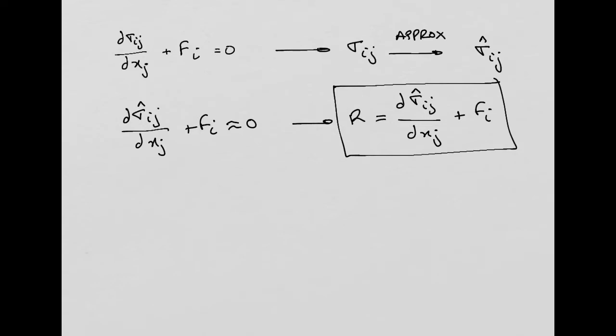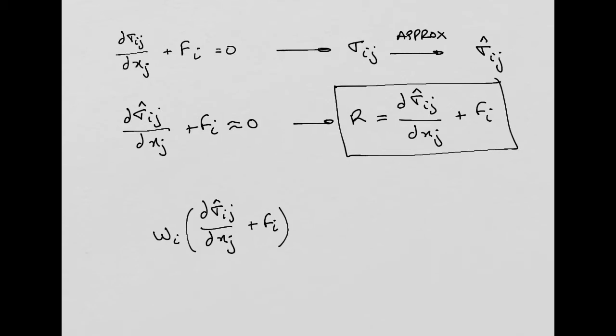The next step is to multiply this residual by a weighting function. That's what I'm going to do. I will multiply this residual by a weighting function, and then integrate it over the domain, which I call omega. So the domain of my problem is going to be omega, okay?